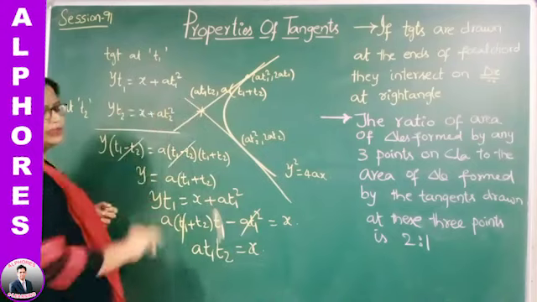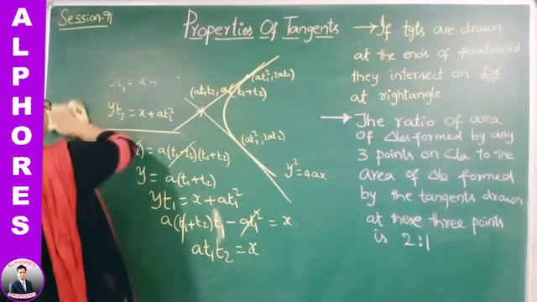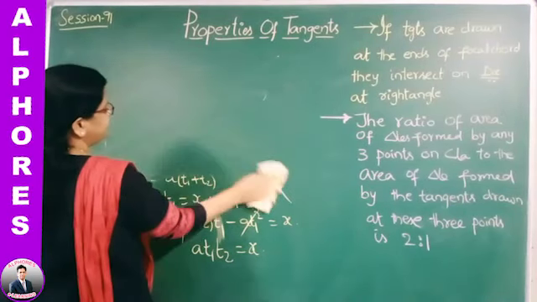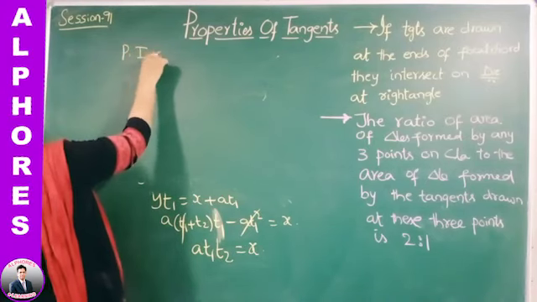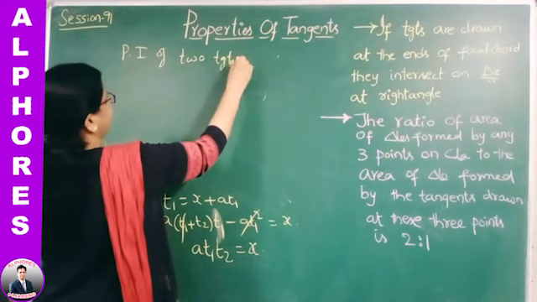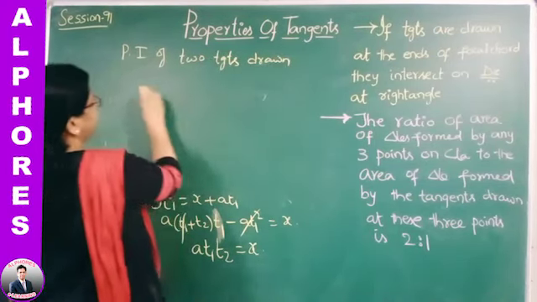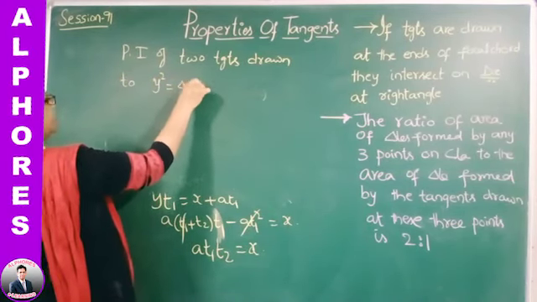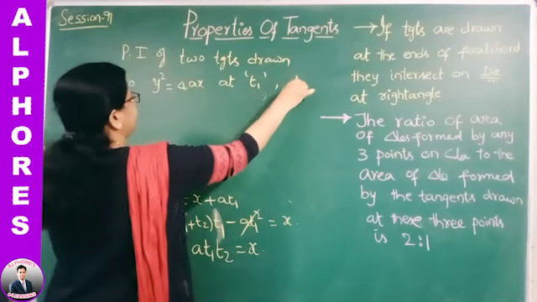So students, this is the formula for the point of intersection of two tangents. Let us write here: the point of intersection of two tangents drawn to the parabola y square equal to 4ax at t1 comma t2.